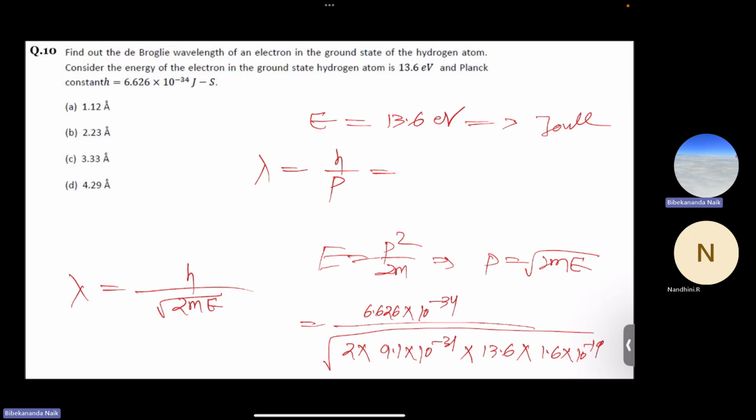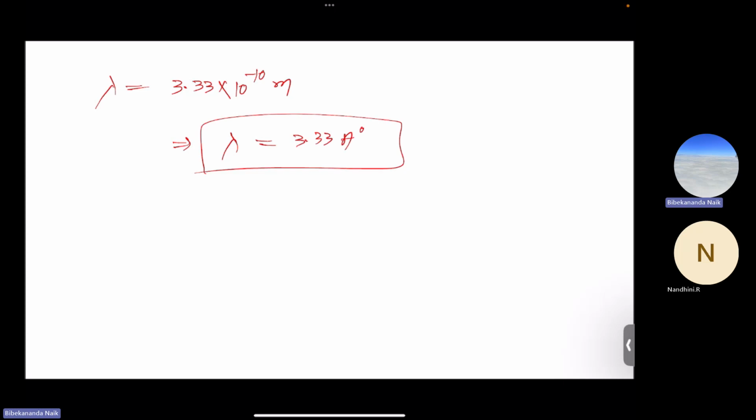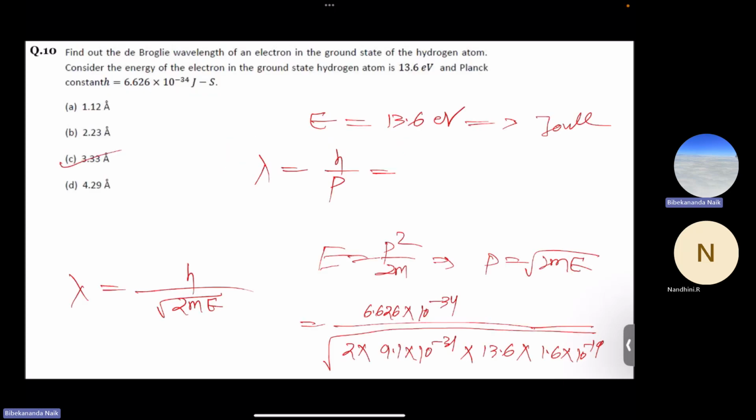So if you take the root over, then lambda will be 3.33 into 10 to the power minus 10 meter, which is 3.33 angstrom. So the correct option is option C.